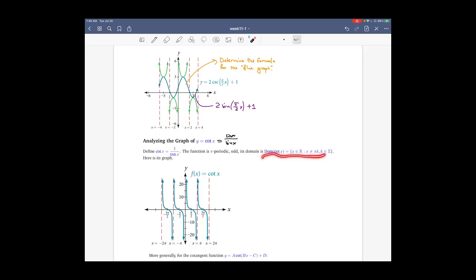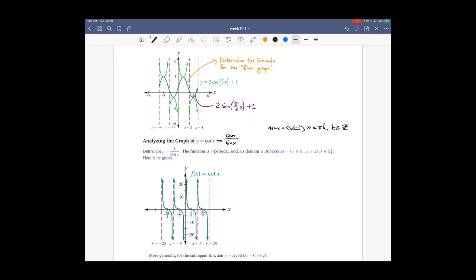And the domain of cotangent is all the real numbers except those where the denominator sine is 0. And remember, sine is 0 if and only if its argument is an integer multiple of pi.